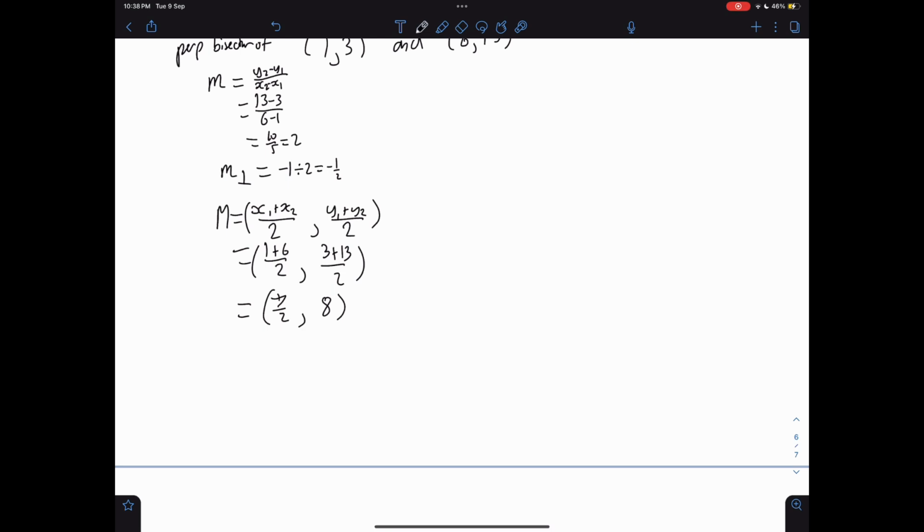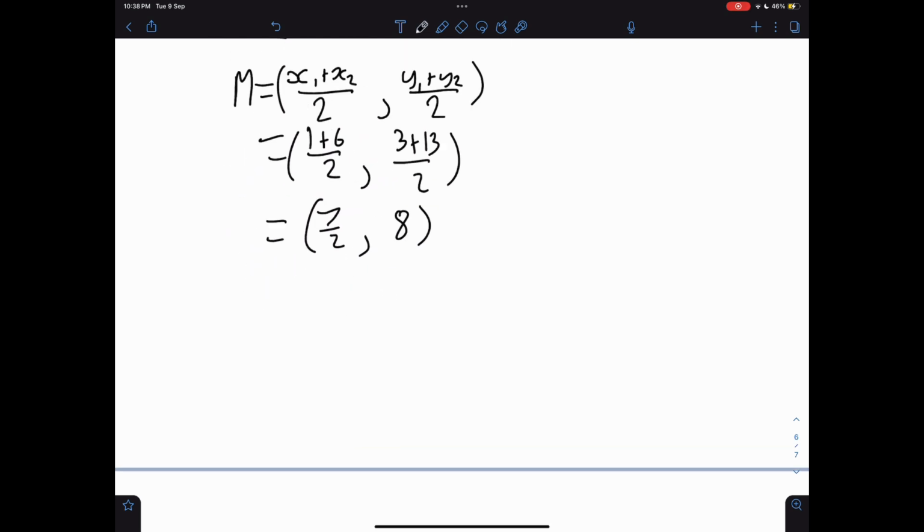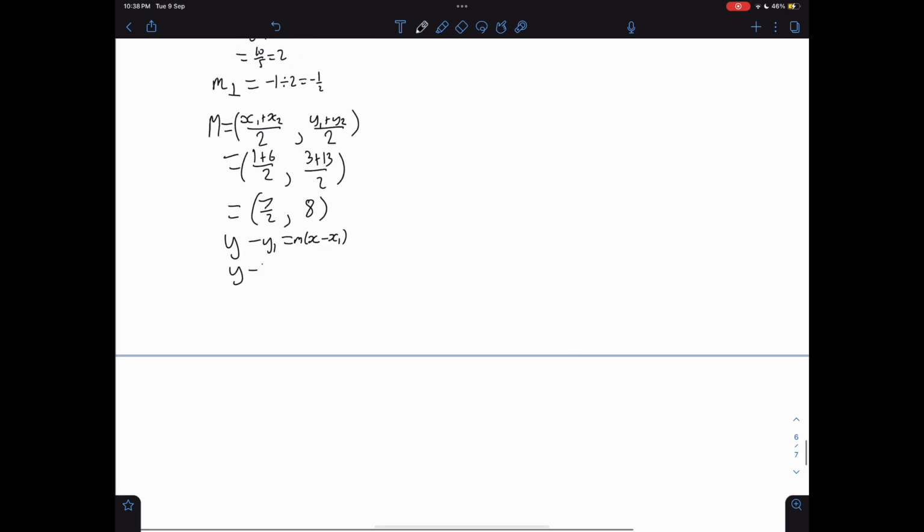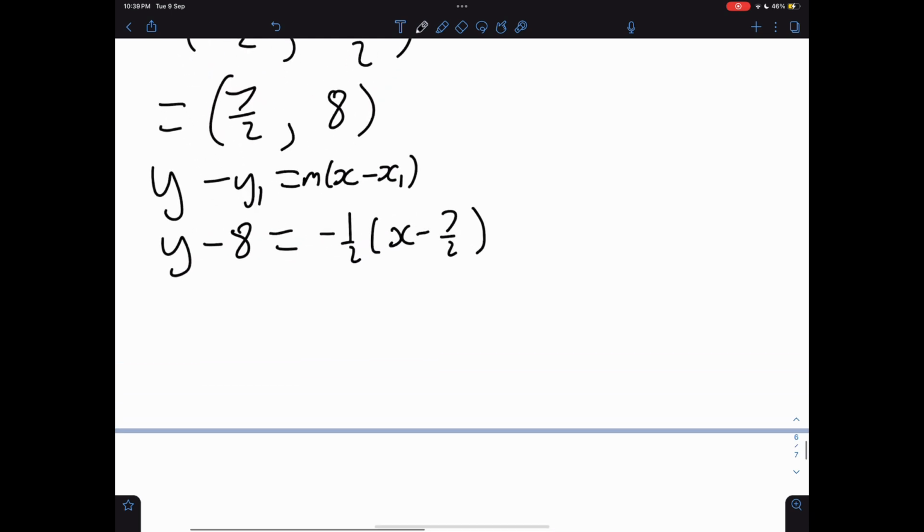Because this line has a gradient of negative 1/2, because that's the perpendicular gradient, and is passing through the midpoint, we can use y minus y1 equals m(x minus x1) to solve this. y minus 8 equals negative 1/2 (x minus 7 over 2). 4y equals minus 2x plus 39.